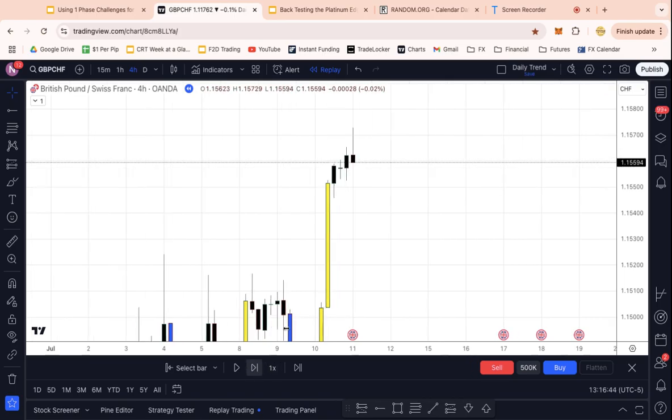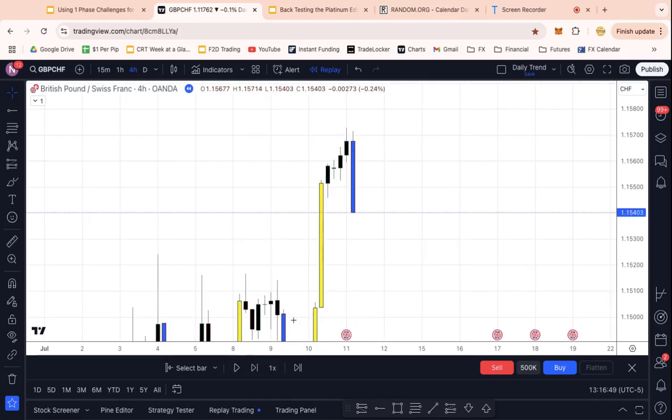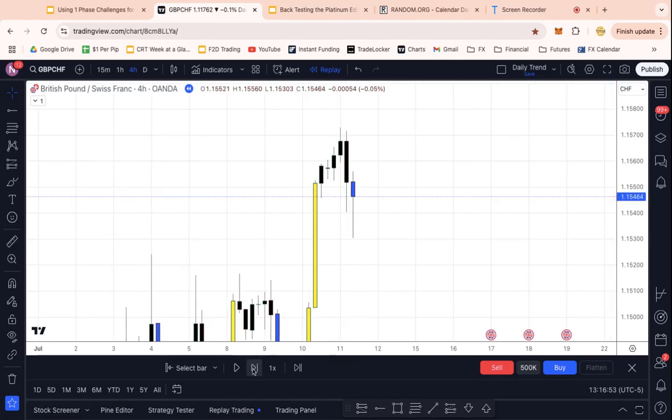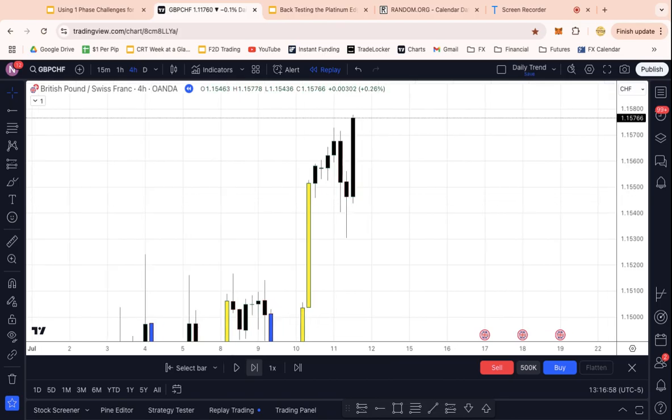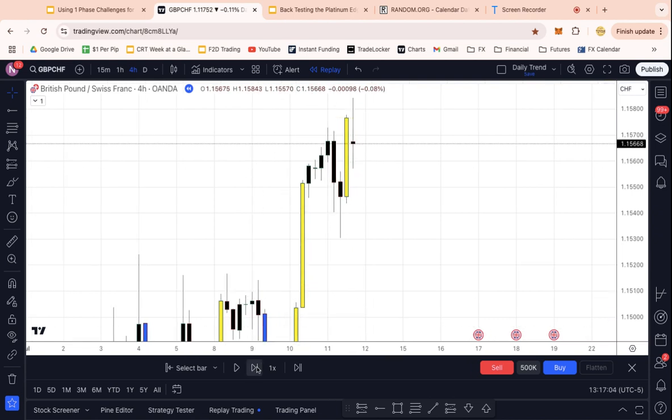And this is the reason why I like looking at more than one pair, because as you can see, it's been a while since we've had a setup. Since all you're looking for is the behavior, you don't get too bummed out, because one of the pairs is eventually going to give you a setup. It's just a matter of being there when it does.